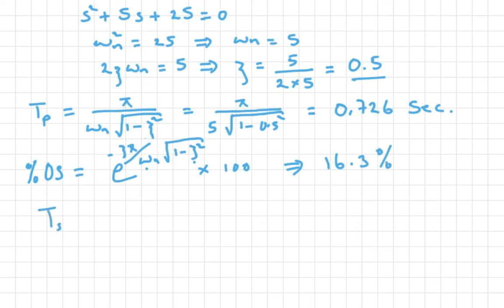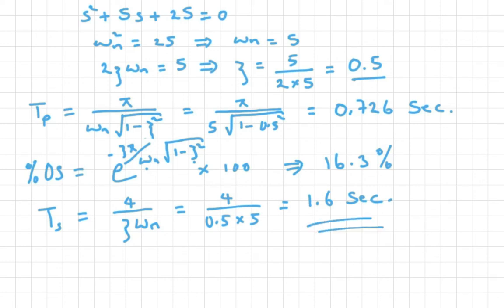And then our settling time for this system is given as 4 over zeta omega n. So this will give us 4 over 0.5 times 5, which is 1.6 seconds. So this is how to use the reduced form of the feedback system to arrive at the transient response characteristics of the system.